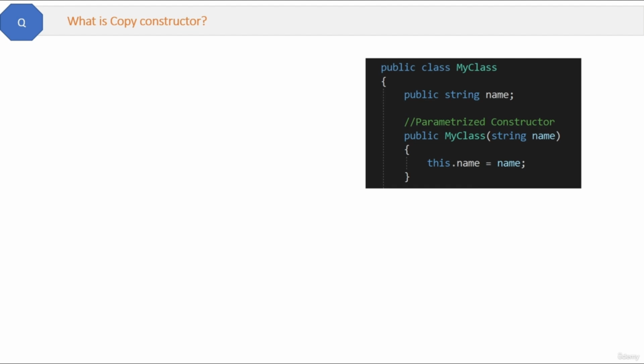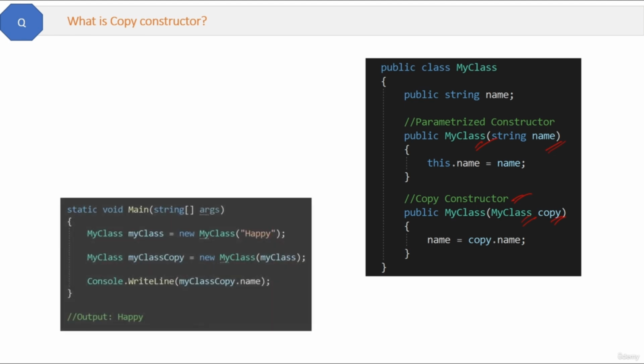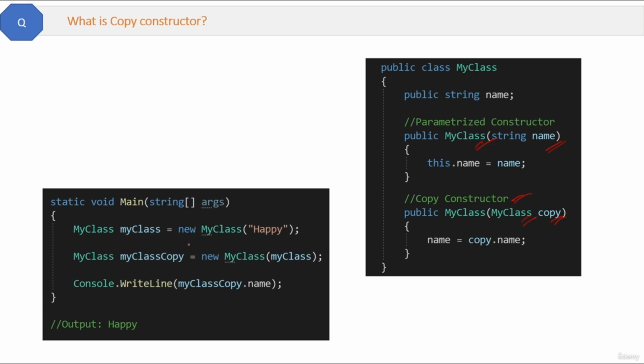What is copy constructor? Let me show you the example first. Here inside the class you can see the normal parameterized constructor. Now if you have a second constructor in the same class which is accepting the same class object as the parameter, that is the sign of the copy constructor. Now how to use this? Inside the main program you create an object of the class from the parameterized constructor first.